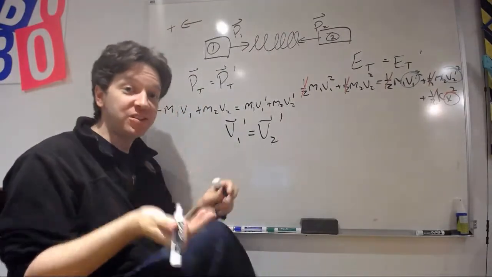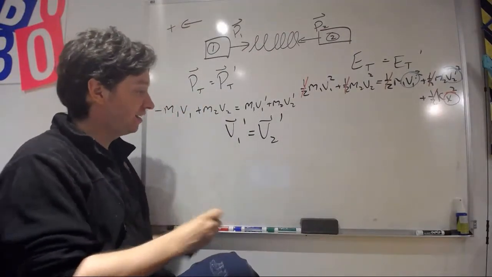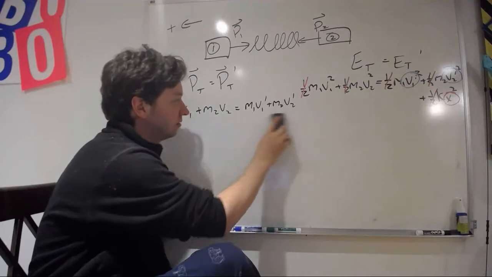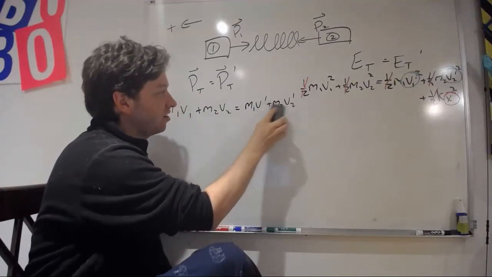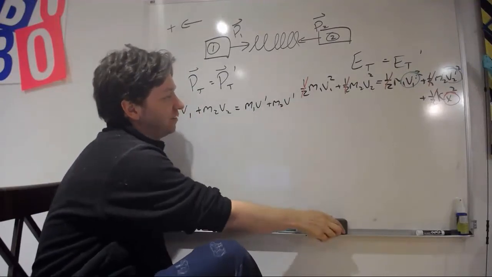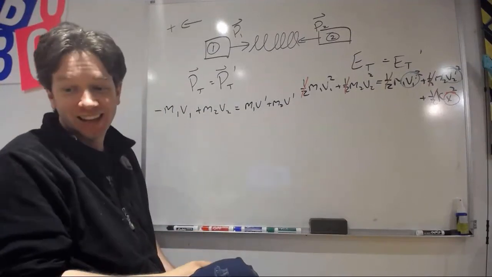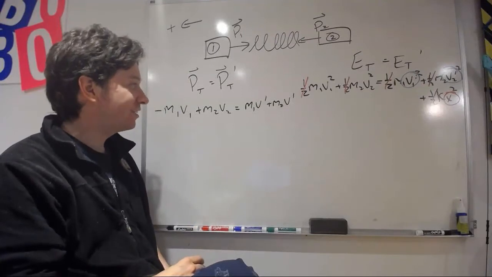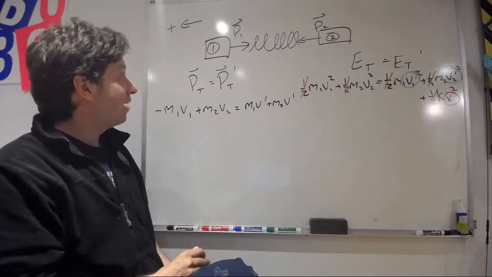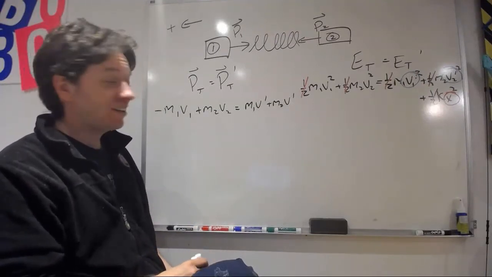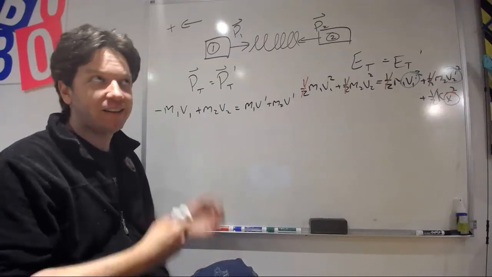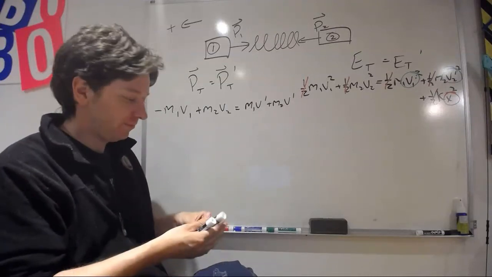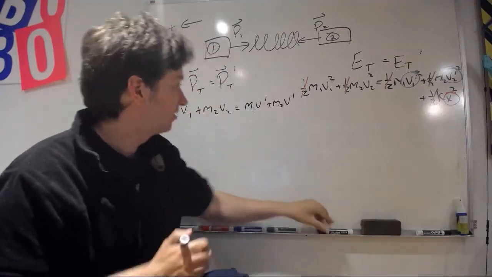So we can use that in our equation to say, okay, well, let's not call it V1 and V2, let's just call it V prime. And let's solve for V prime. Now I don't know what it is, so I'm just going to assume it's to the left, and if I get a negative answer, I was wrong, it's to the right. Just solving for it anyways.